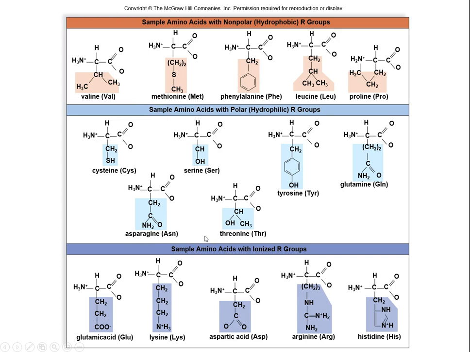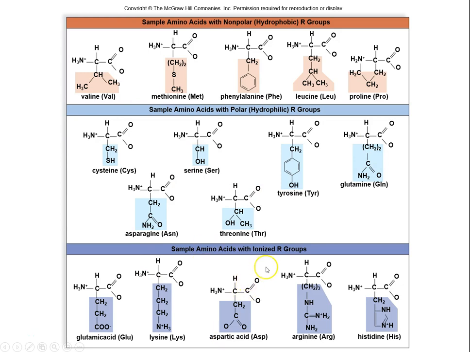If I say name a hydrophobic amino acid or a nonpolar amino acid, valine, methionine, those are examples. Please do not try to draw structures or memorize structures or anything like that. Just know one example from each group. Polar amino acids, hydrophilic, they are listed here: cysteine, serine, tyrosine, glutamine.